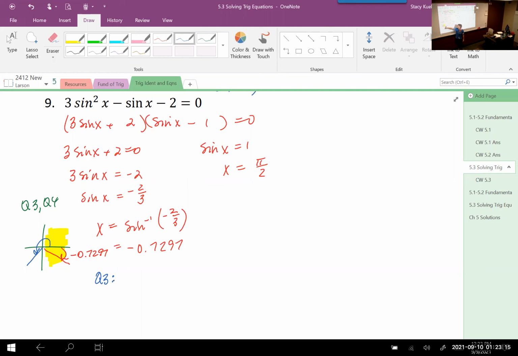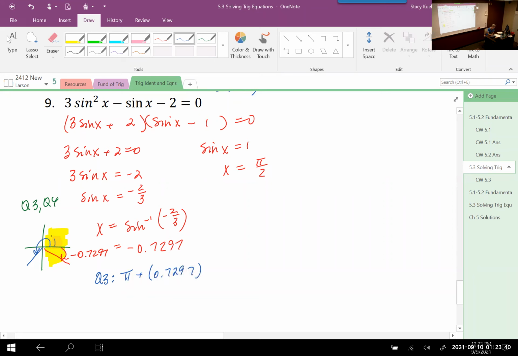So ignore the negative sign for just a minute and consider it simply as a reference angle. I am going to take that reference angle, that small slice of the pie, that acute angle, and add it to pi. So pi plus 0.7297.